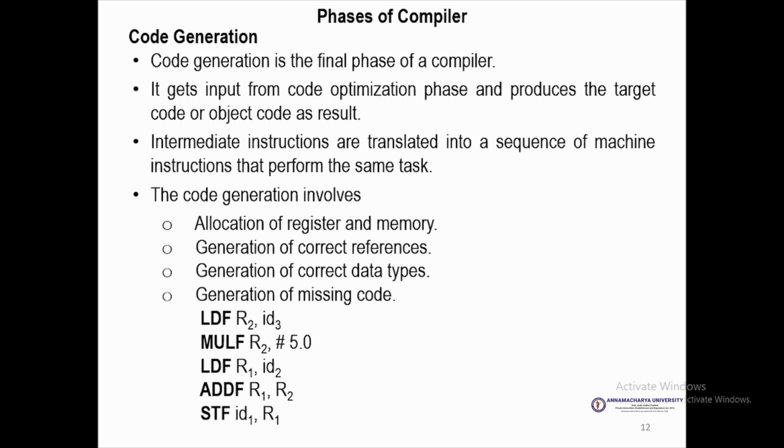MULF refers to multiplication of floating point numbers. LDF again is the load operation. ADDF refers to adding floating point numbers, and STF refers to storing a floating point number from a register to an identifier. So these are all code generation.